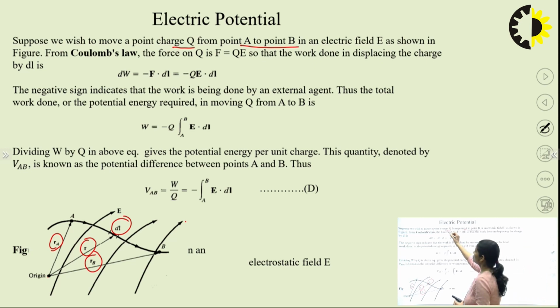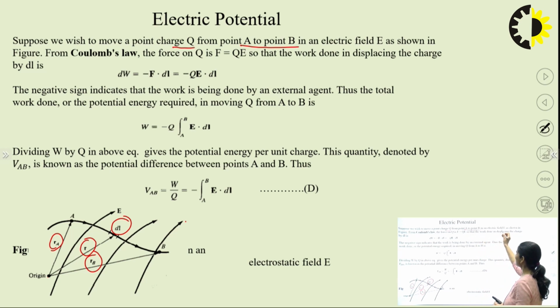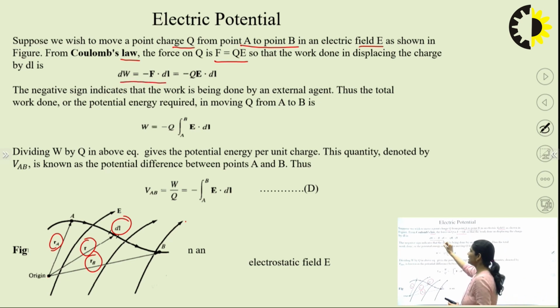Now here you have a point charge Q moving from point A to B in this electric field E. Apply Coulomb's law: the force on charge Q is equal to what? Force F is equal to QE. Now the work done in displacing the charge by dl is equal to what? dW is equal to minus F dot dl.